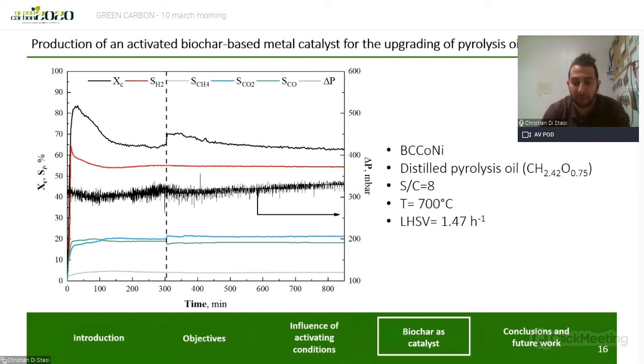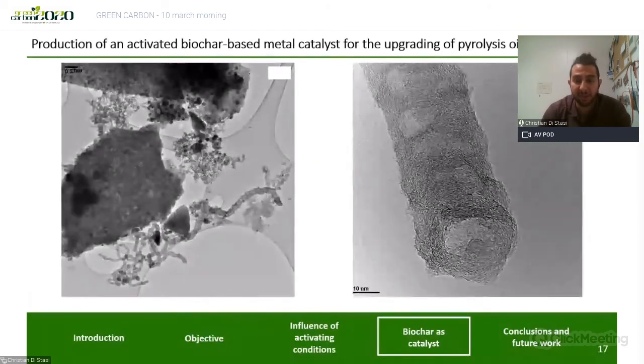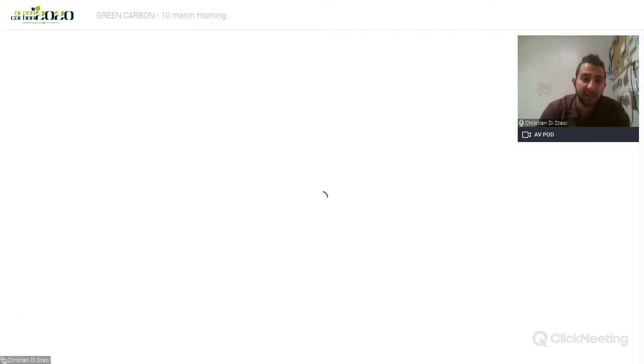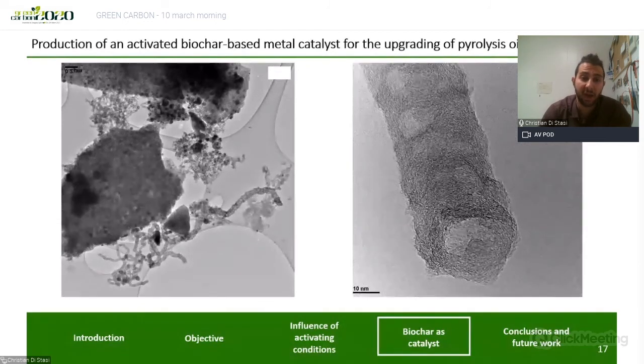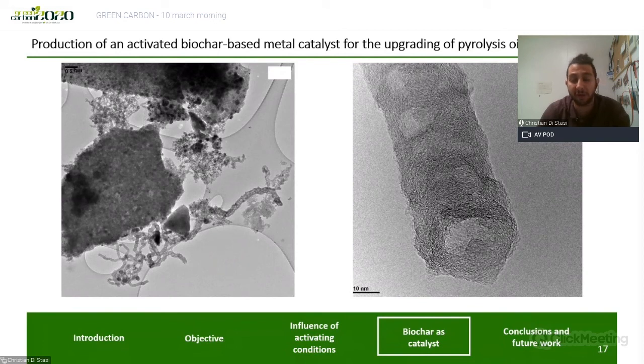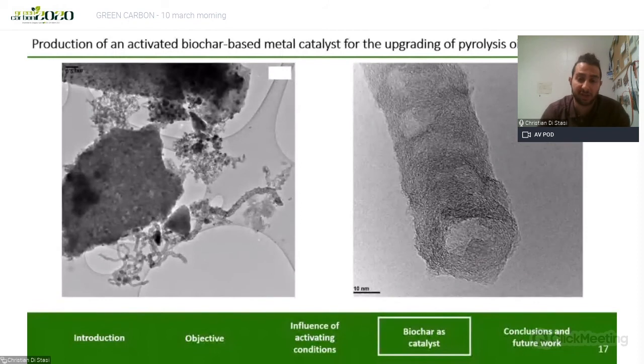So in our opinion, it was a very good result. The spent catalyst was then characterized, and we also found carbon nanotubes and sintering effects. However, these two phenomena did not cause a loss in activity of the catalyst.